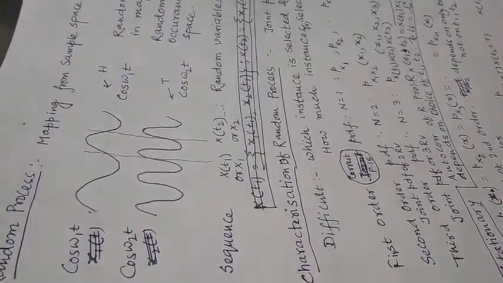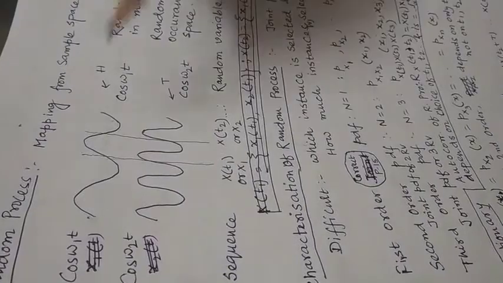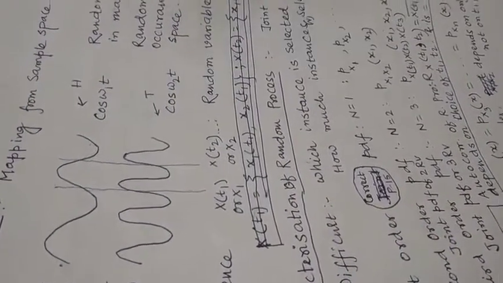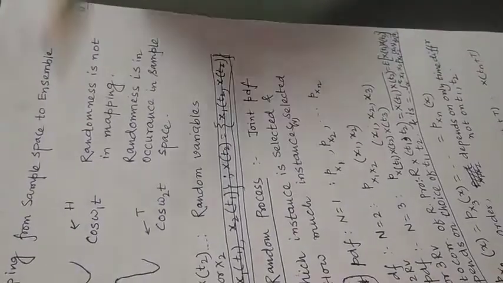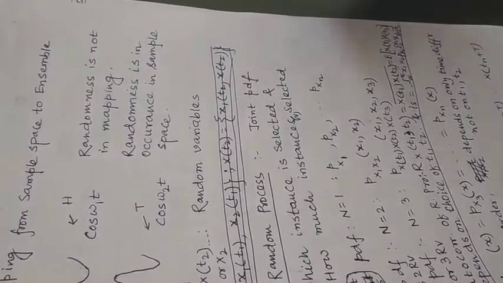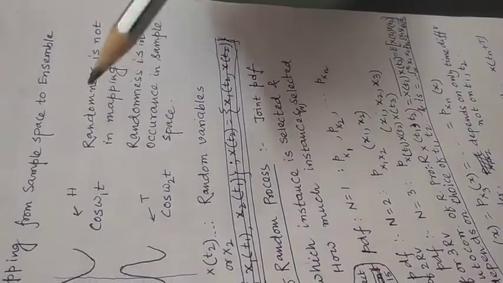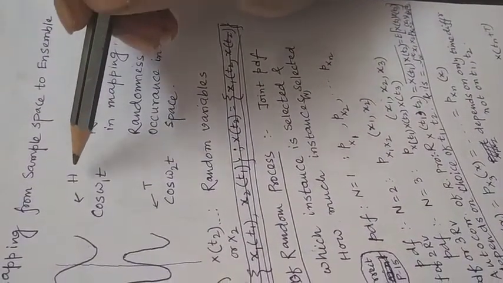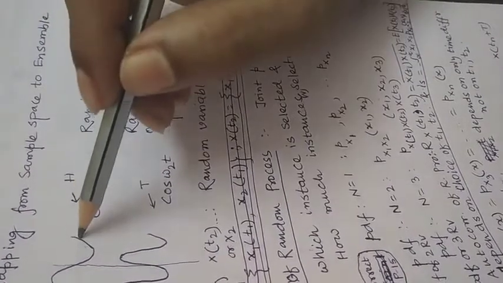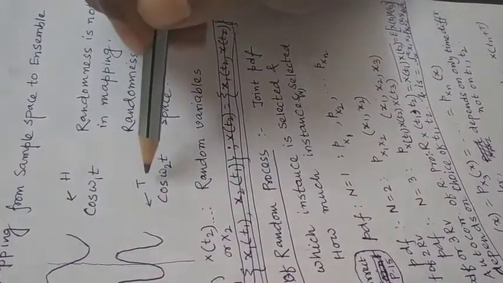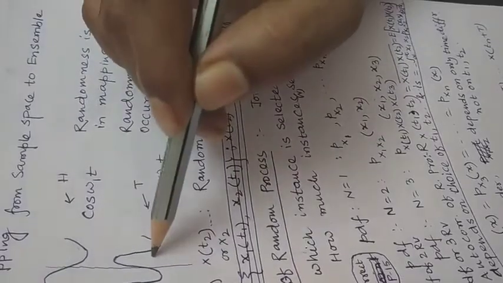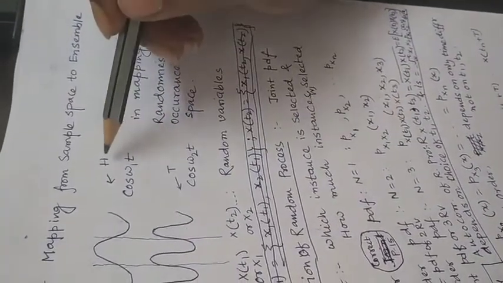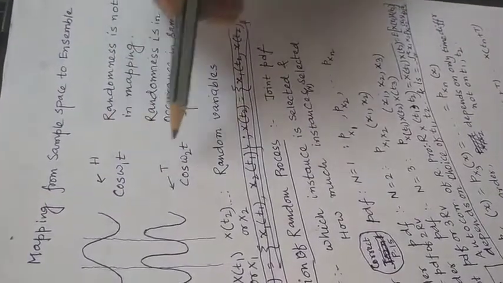This collection of waveforms is called an ensemble, and each function is called a sample function. The interesting twist of this concept is that there is no randomness in the mapping of head to cos omega 1t and tail to cos omega 2t, because you will always map them that way.